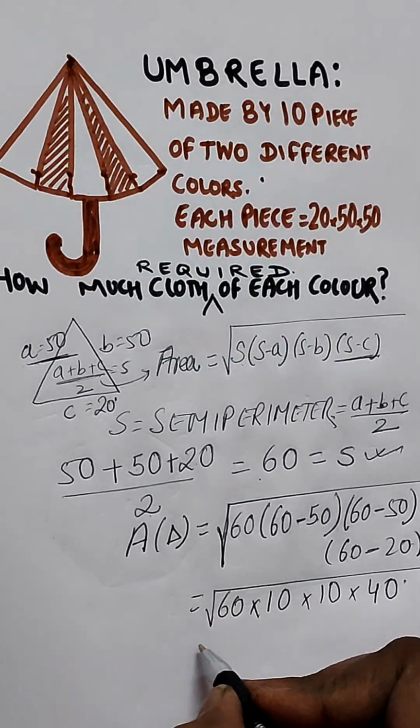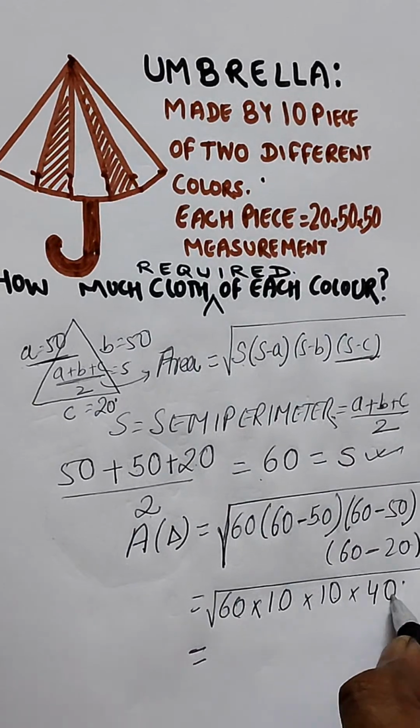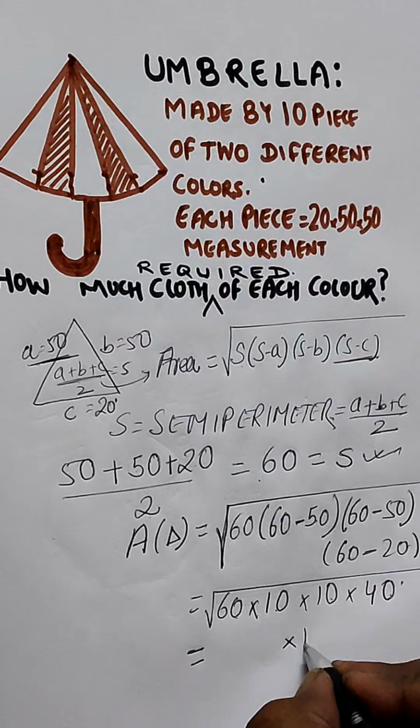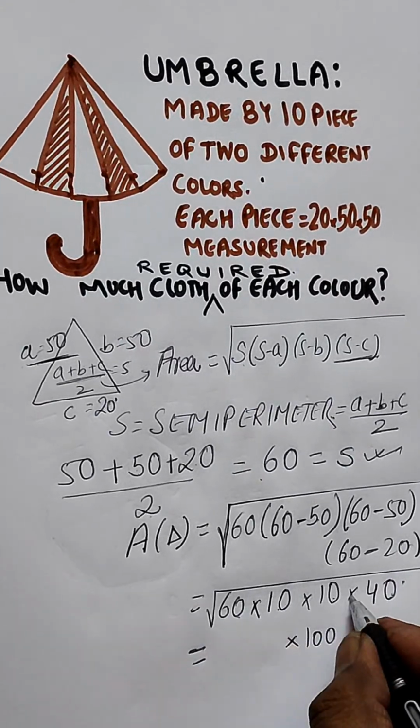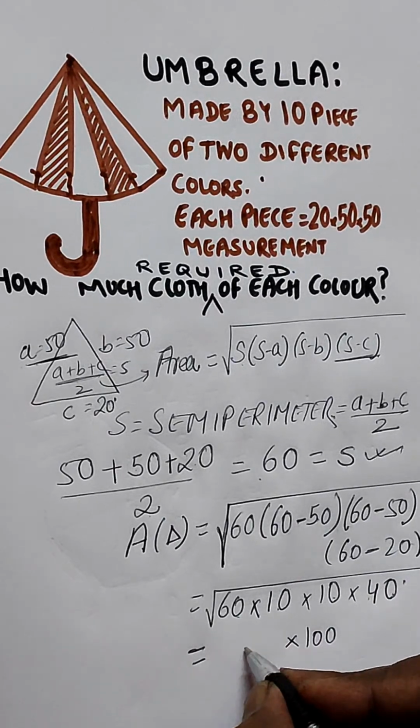So this will give you the area of one of the triangles. You can see 4 zeros are there, so 100 will be coming out from this root. And under this root, we have 6 into 4, 24.